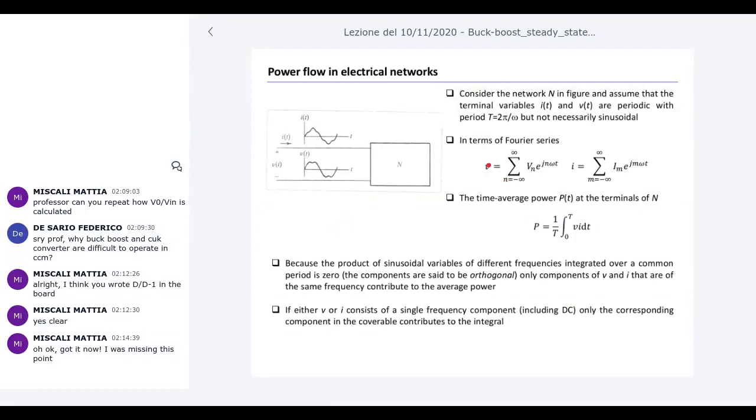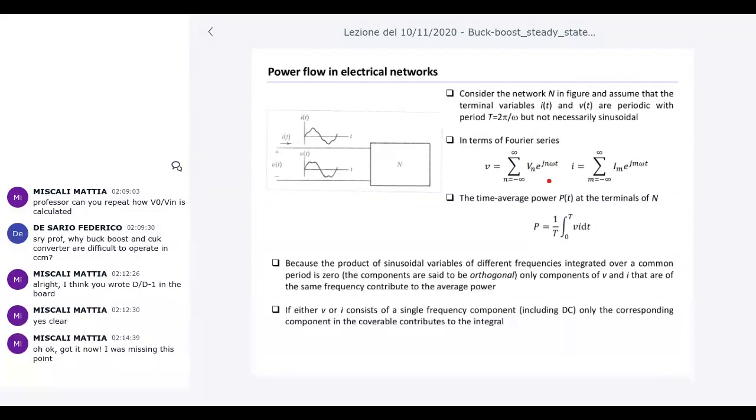For example, the voltage v can be expanded in Fourier series by taking into account an infinite summation of sine waves that can be expressed in this exponential way. V1, V2, etc. are the amplitudes of each of these components, and nω is the pulsation of each of these waveforms.